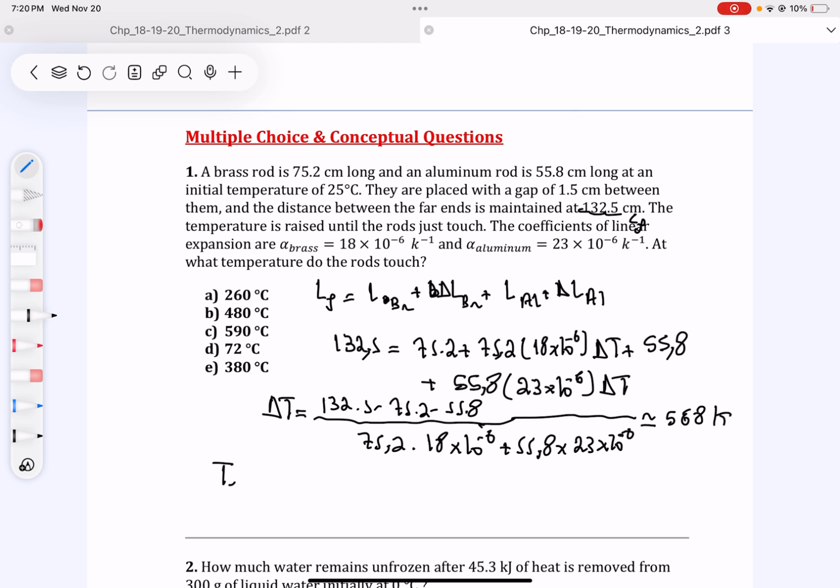Then here, the T final that we need minus the initial, because the two rods have the same initial temperature, 25. We can take delta T as one variable. From here we can get T final is approximately 590.